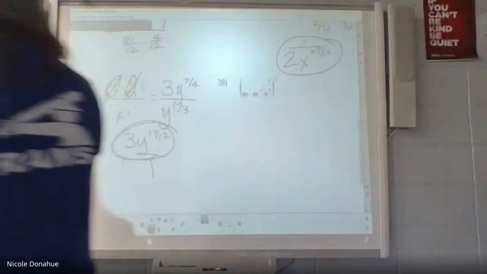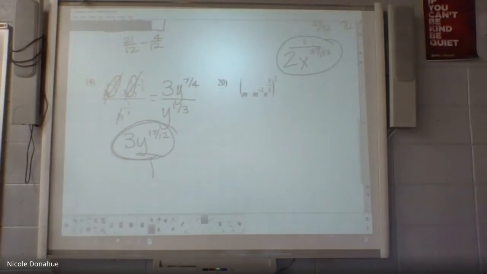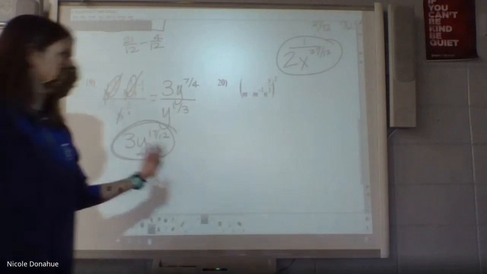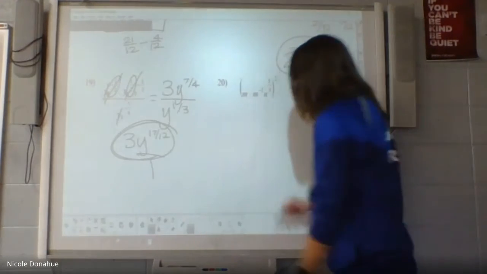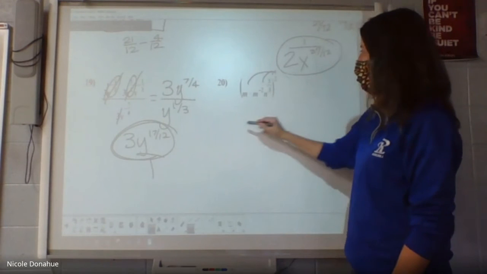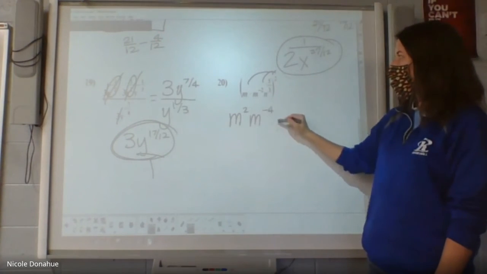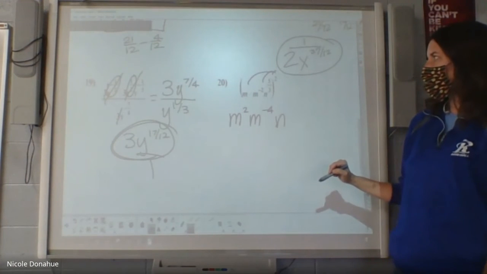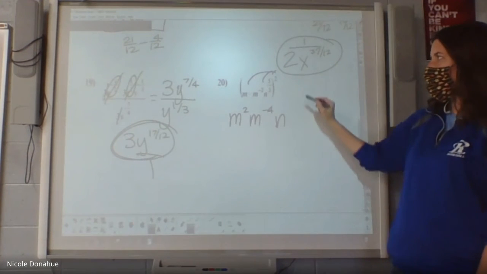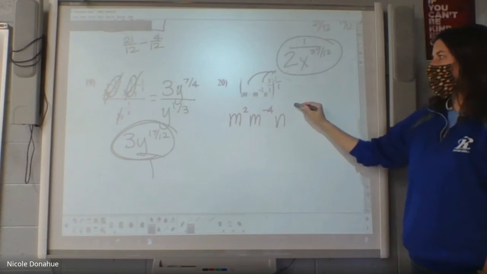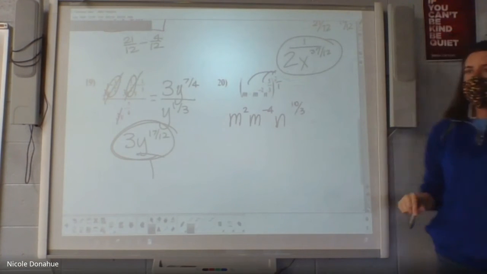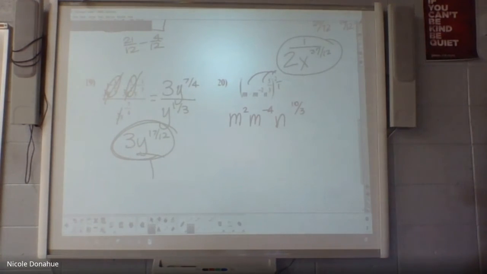All right, and then number 20. You want to distribute first? Okay, distribute. And 2, and -4, and 5 over 9. You multiply, so it's going to be 10/3.